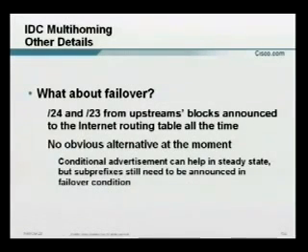What about failover? Well, because you're announcing the /24 and the /23s from that upstream's blocks out the other upstream. As I say, if they're filtering what they send out to the internet, you could end up with problems. If the two upstreams are connected to each other, then it's not an issue. But if they're not connected together, then you could well have a problem.